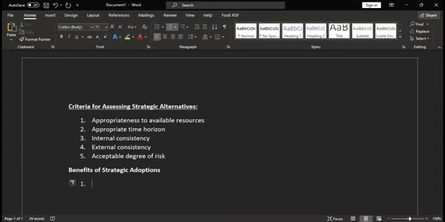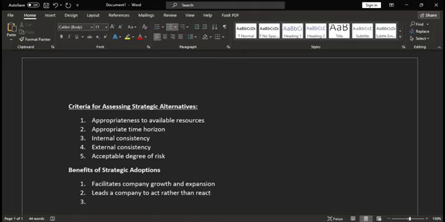One, it facilitates company growth and expansion. Two, it leads a company to act rather than react.